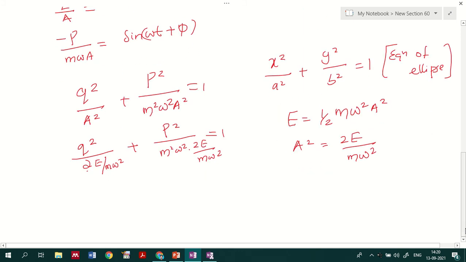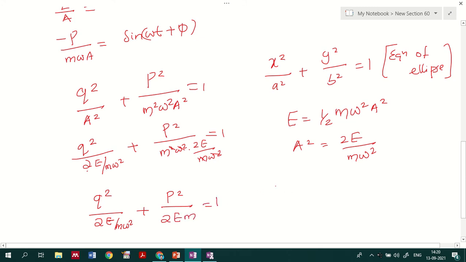Now from this one, the equation becomes q square by 2E by m omega square plus, in this one omega square and omega square get cancelled, and m square gets cancelled, that is p square divided by 2Em, is equal to 1.